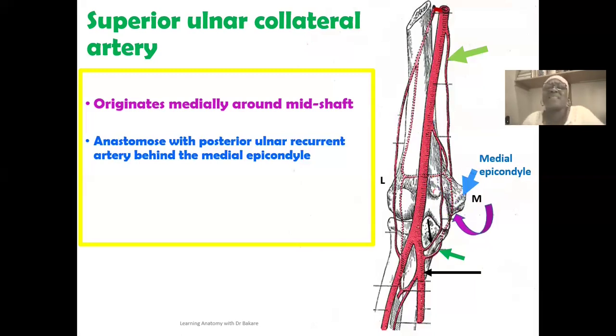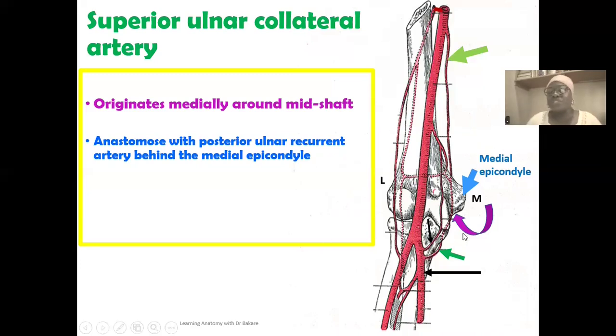So this is why we say that the superior ulnar collateral artery, even though the anastomosis that it will be creating is around the medial side, it is specifically around the posterior region. And this is because of the path by which the arteries, of course, run. From the superior ulnar collateral artery, descending down, you see it descending behind the medial epicondyle.